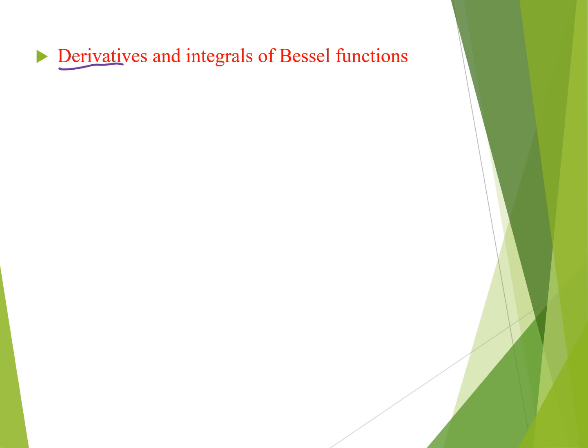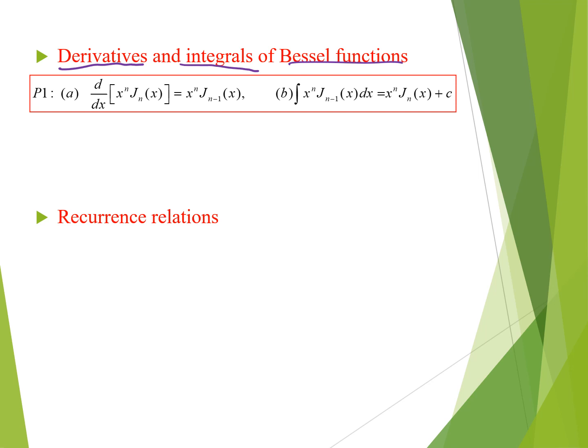Now, derivatives and integrals of Bessel's function. The derivative with respect to x of x^n J_n(x) is equal to x^n J_(n-1), that means n is replaced by n minus 1.